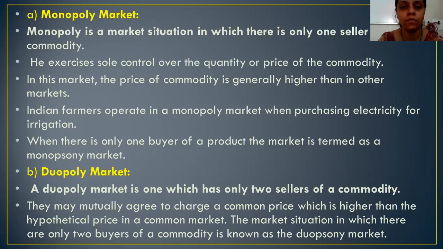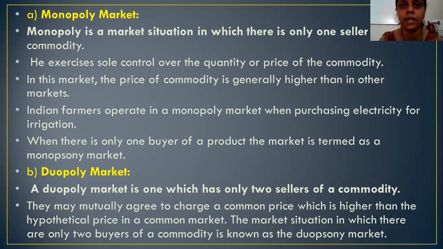So what is monopoly? Monopoly is a market situation in which there is only one seller of a commodity. He exercises sole control over the quantity or price of the commodity. In this market, the price of the commodity is generally higher than in other markets because only one seller exists.